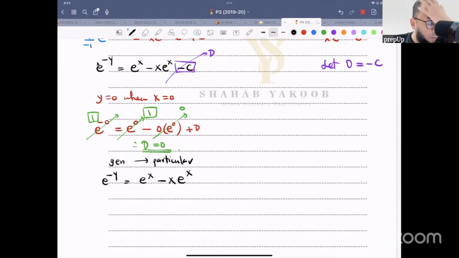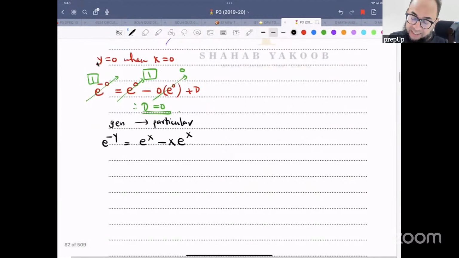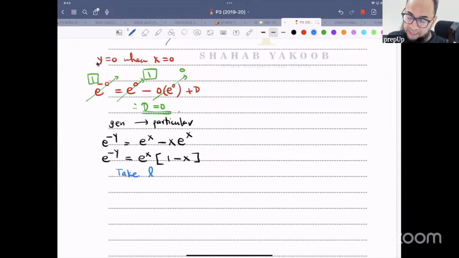So we write e^(-y) equals x e^x minus e^x. So far so good. Now we can take ln of both sides. Even before that, let me write e^x common, and this is 1 minus x. This is e^(-y) equals e^x (1 minus x). Take natural log of both sides.